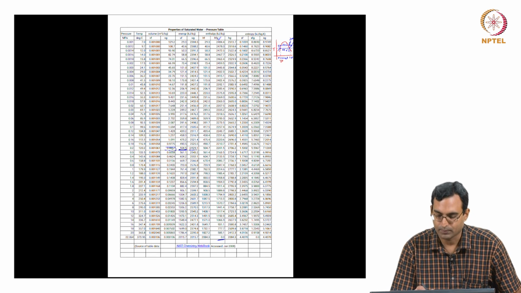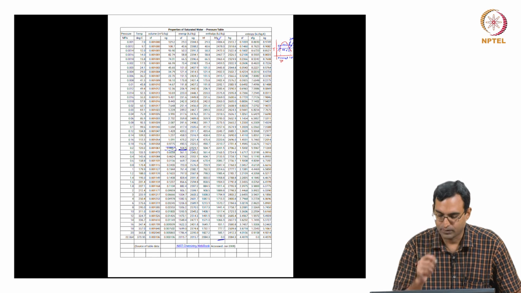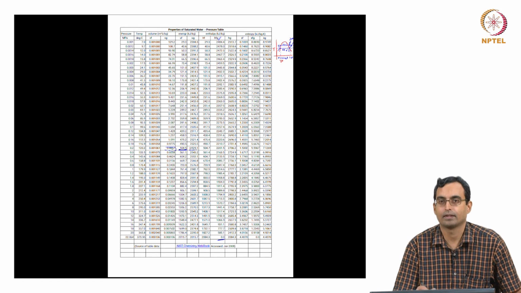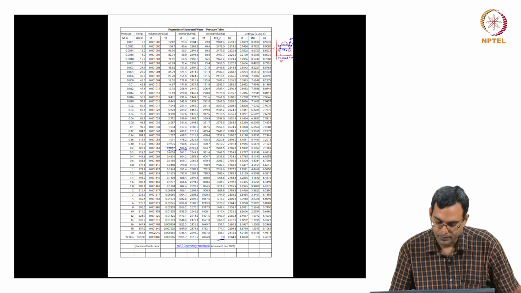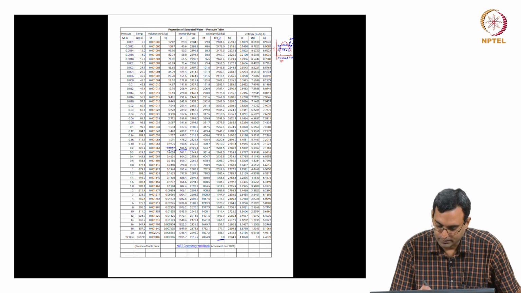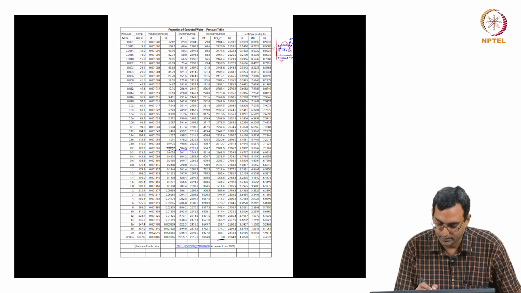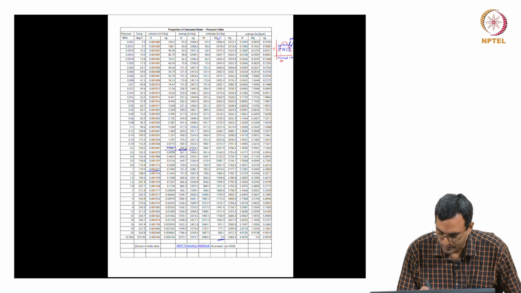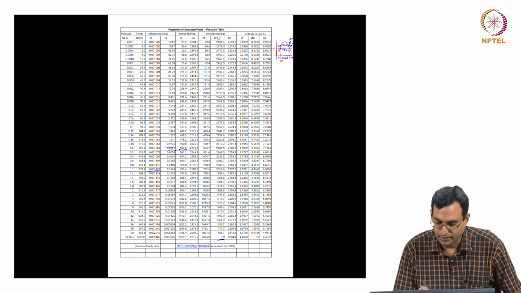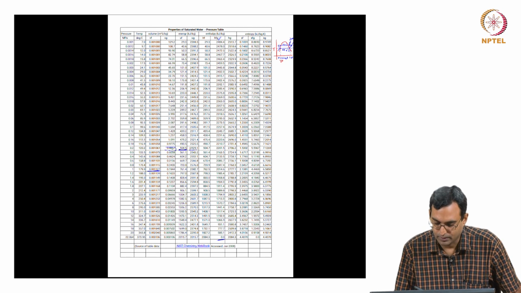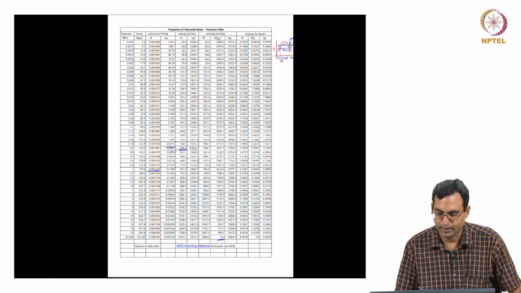The value I have is 0.1, which is greater than this and less than this. Therefore, even at 1 megapascal, my condition is saturated. It lies between these two, so it must be saturated. So, at 1 megapascal, the saturation temperature is 179, which is okay. I do not need that immediately, but what I need are these values, 0.001127 and 0.1944.